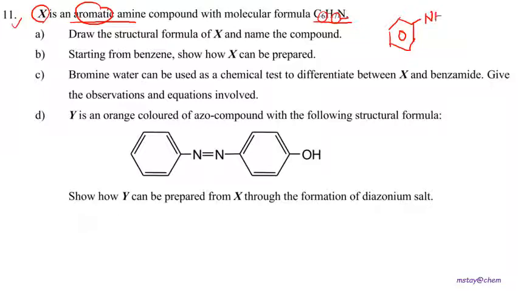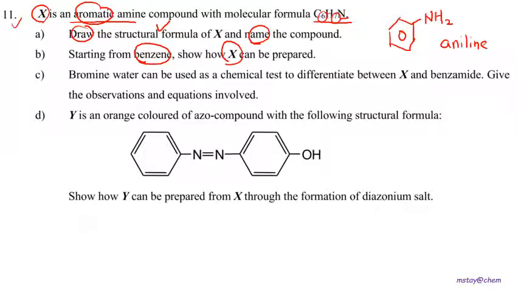And then we know that nitrogen always has 3 bonds, so it still needs another 2 hydrogens. In the benzene ring here we have 5 hydrogens, so 5 plus 2 is 7. So this already gives the structure of X, and then we need to name it. This compound is known as aniline, second mark.